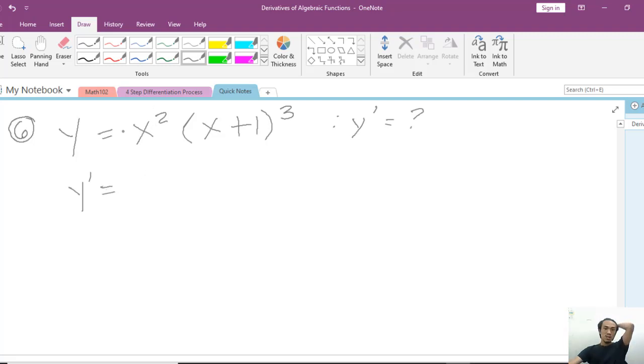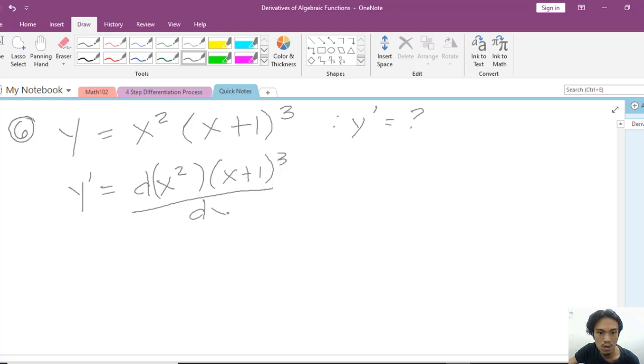And this is again a product of two functions. So the derivative of x squared times (x plus 1) raised to 3 with respect to x.